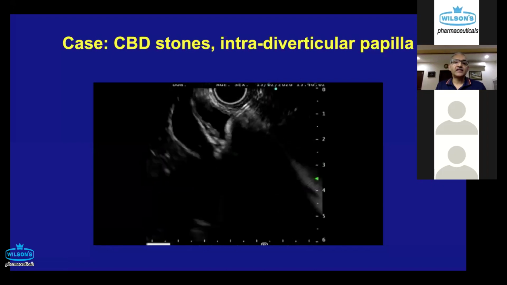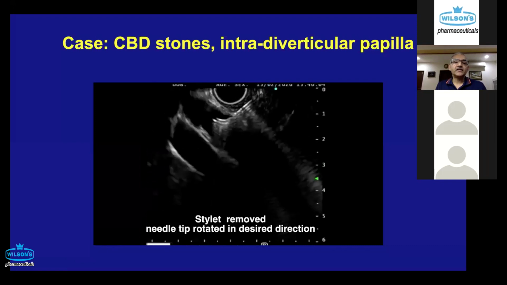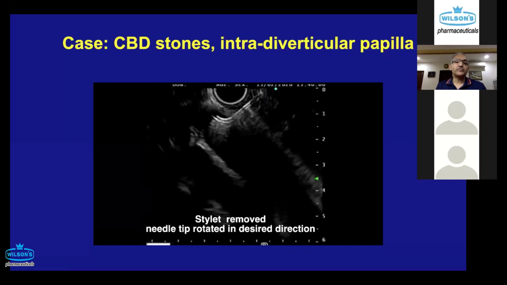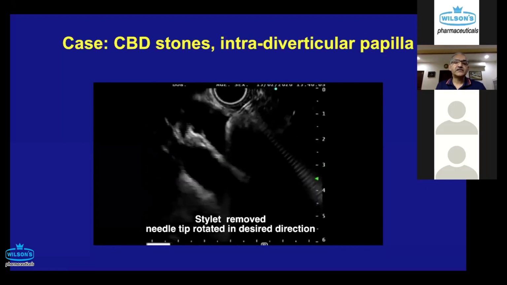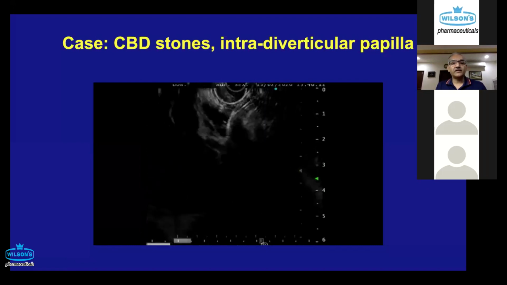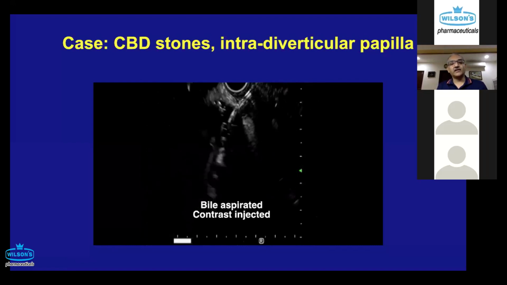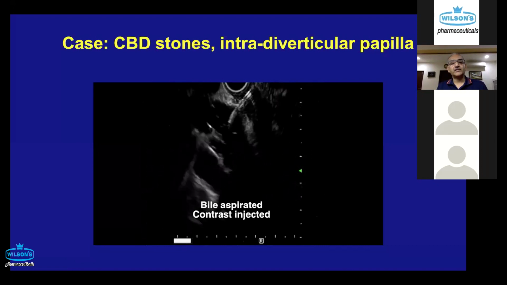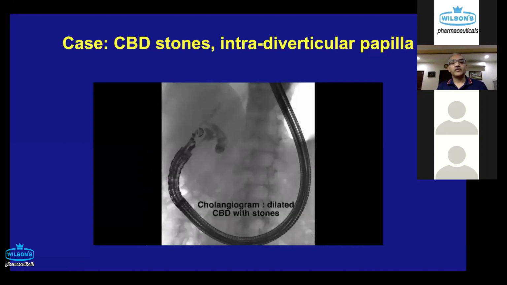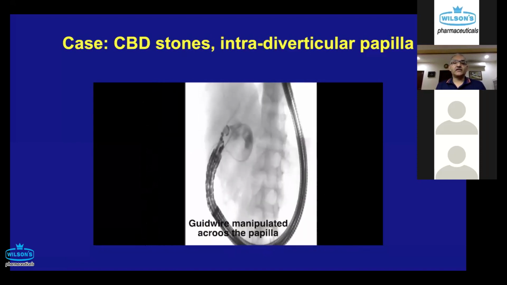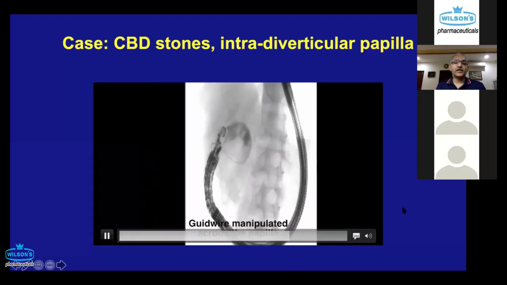Withdraw the stylet, so the needle then bends, and you can then rotate towards the preferred direction. Then we injected contrast. You can see multiple stones in the bile duct. And finally, the guide wire does come out of the papilla.